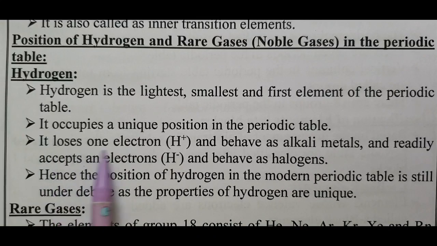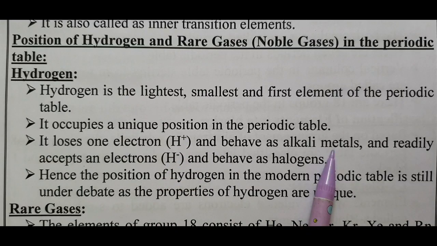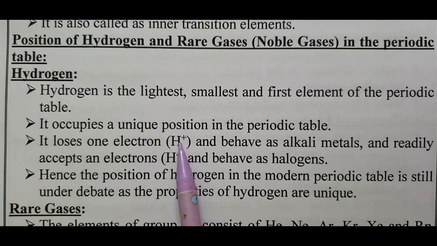It loses one electron and becomes H plus ion and behaves as an alkali metal, because alkali metals always lose one electron and become monopositive ions. It can also readily accept an electron, forming the hydride ion, and behave as halogens.